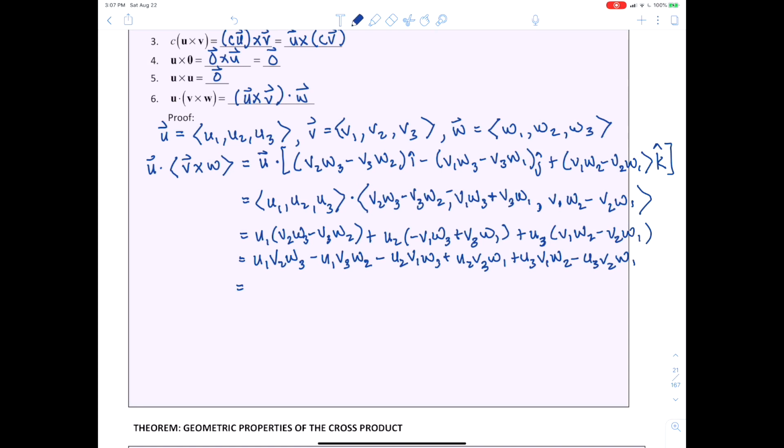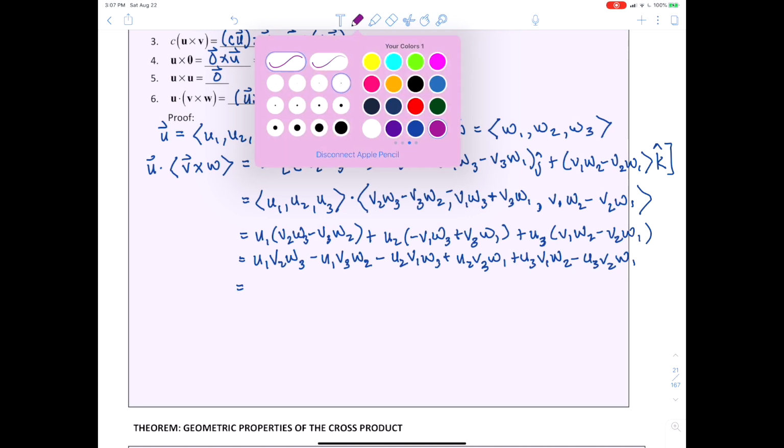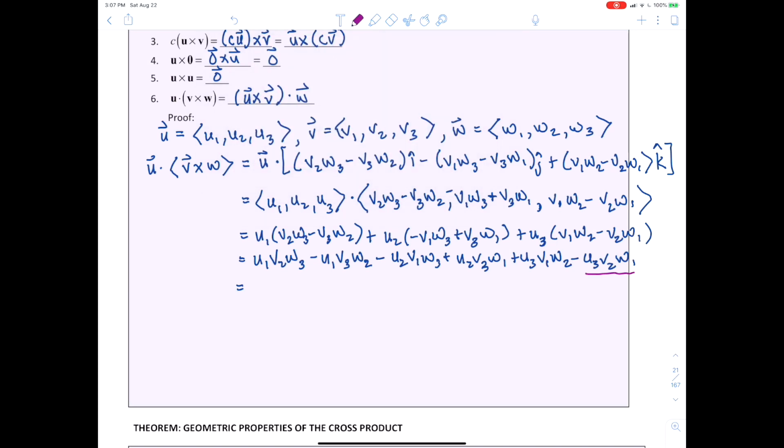So we've got a W1 here and a W1 here. Good so far? So I'm going to factor out a W1, and then I'm going to write it as U2 V3 minus U3 V2. You see how this is going to go? Pretty cool, huh?